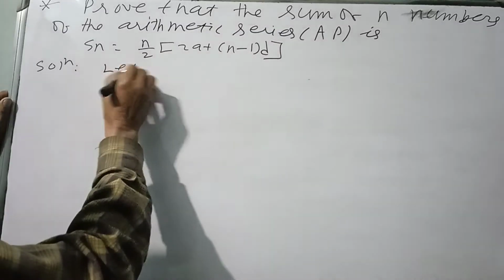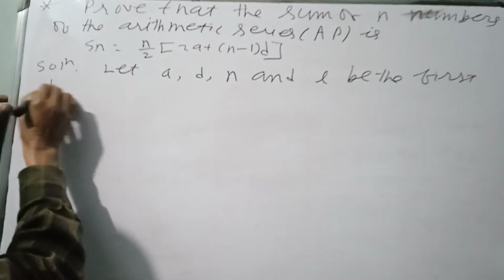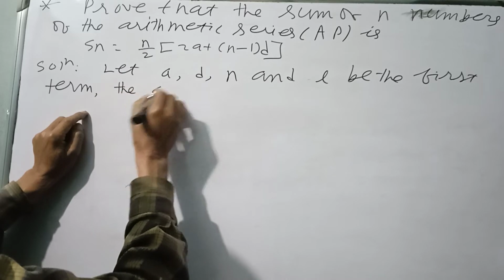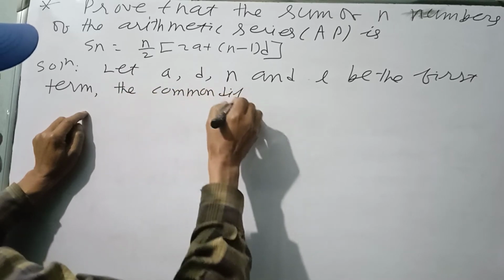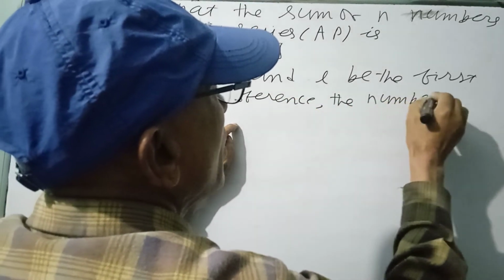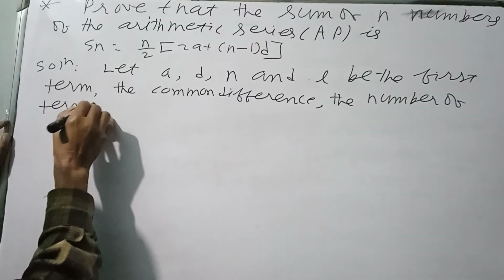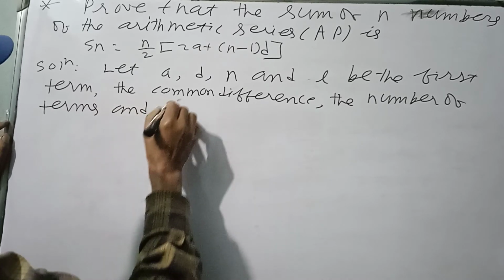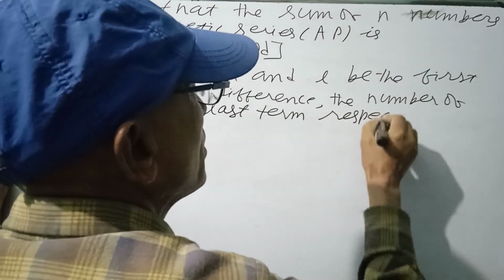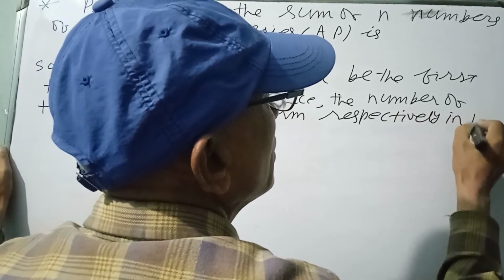Let a, d, n and l be the first term, the common difference, the number of terms and the last term respectively in an AP.